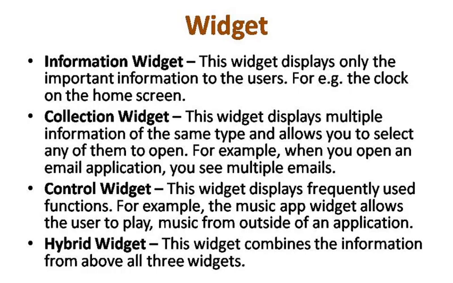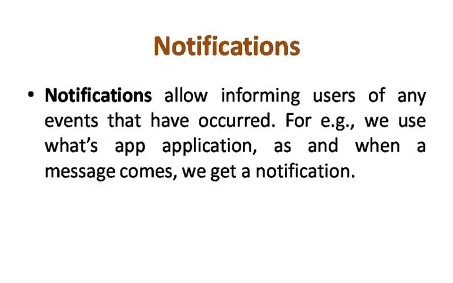An information widget gives us information, like a clock, and a collection widget is like an email application. A control widget allows the user to play music from outside the application. A hybrid widget combines all these 3 widgets: information, collection and control.